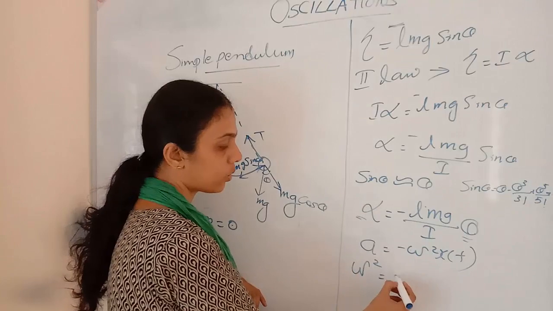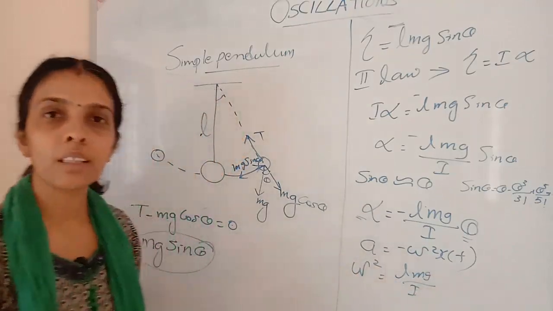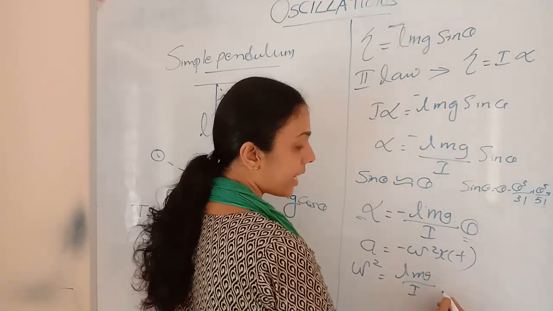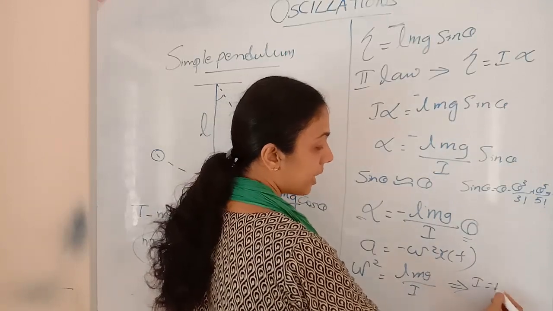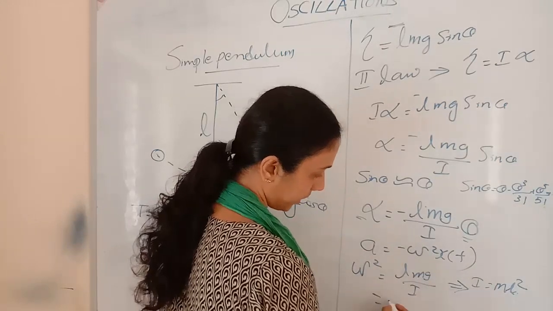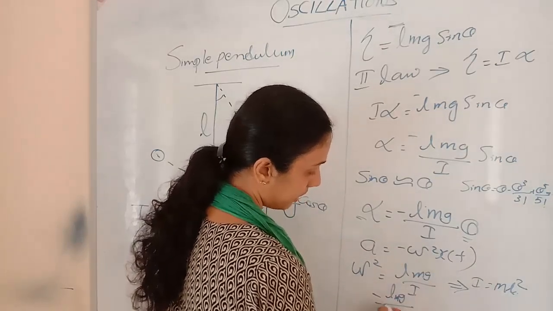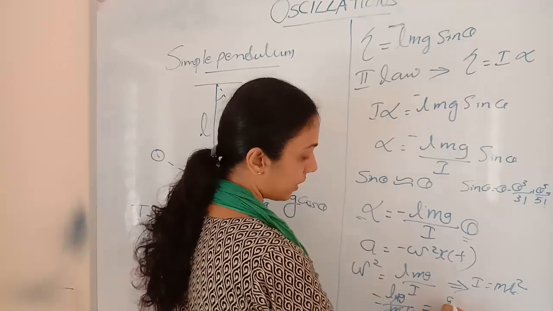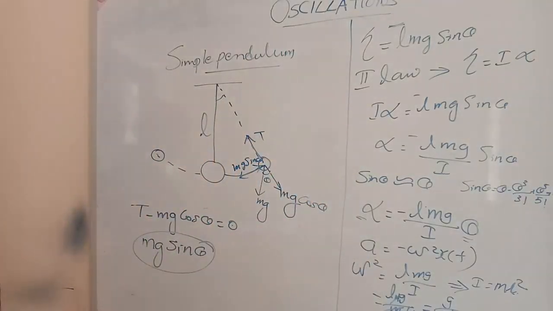Omega square is equal to L mg divided by I. Now we know that I is equal to ml square. So while substituting that, you will get g L mg divided by ml square. M and m will get cancelled. You will get g by L. So this is omega square.